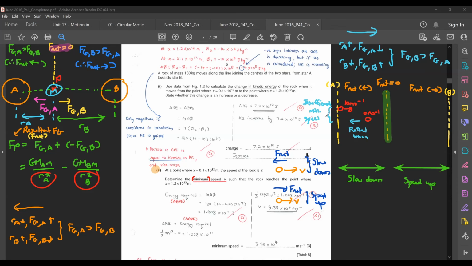Okay, I did not project it fast enough, so it slows down to 0 even before reaching F net equals to 0. So at that point, my F net is towards the left. My object will just be pulled back downwards, pulled back towards star A. It will never be able to reach star B.